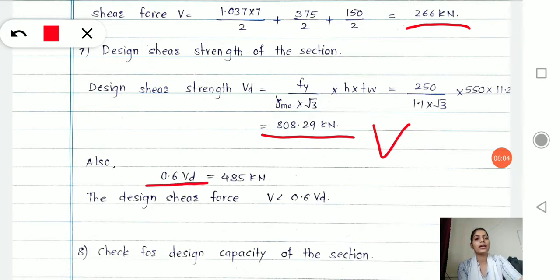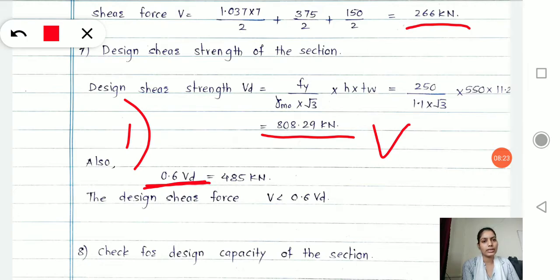For that, I need to check condition 1, where I assume that the shear force is greater than 0.6 times shear strength, or it can be lesser than 0.6 of shear strength.